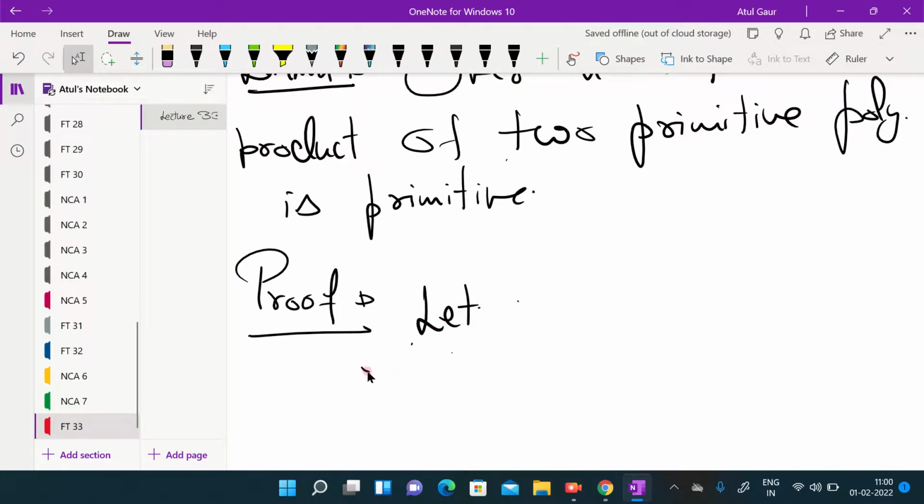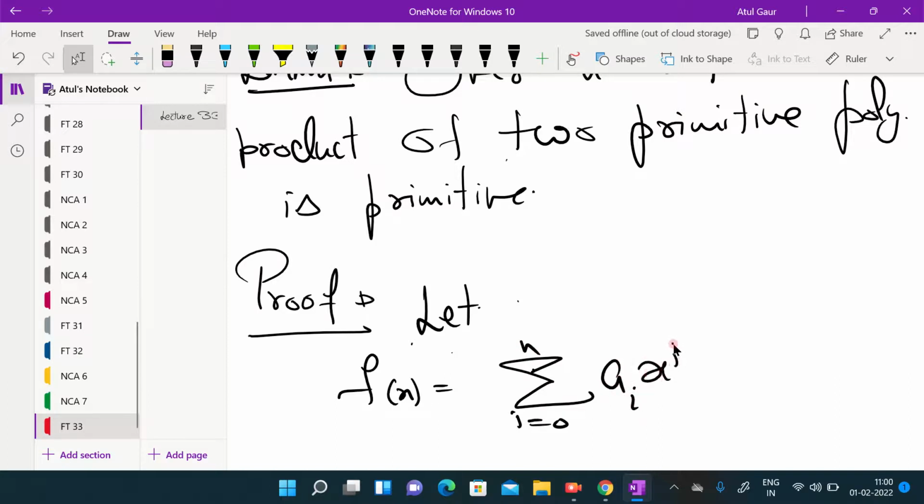The proof: f(x), maybe you have summation i from 0 to m of a_i x^i, a polynomial in A[x].